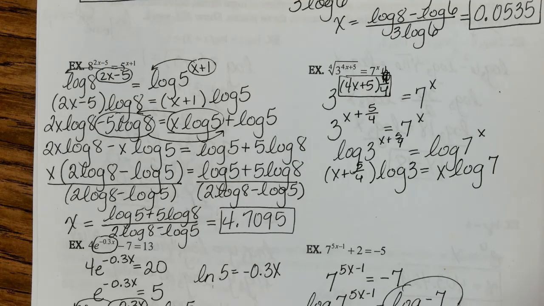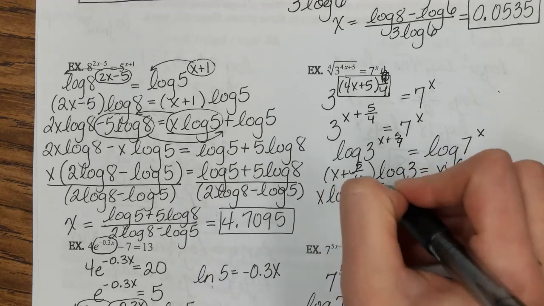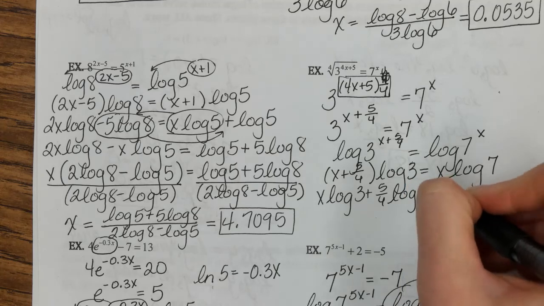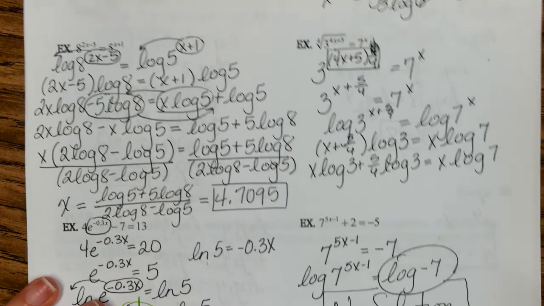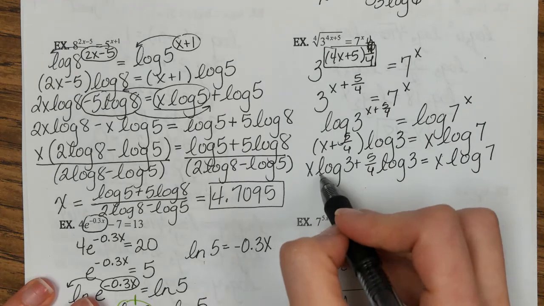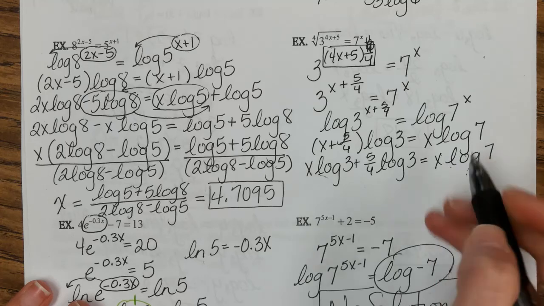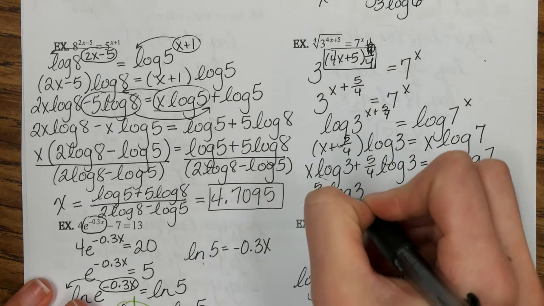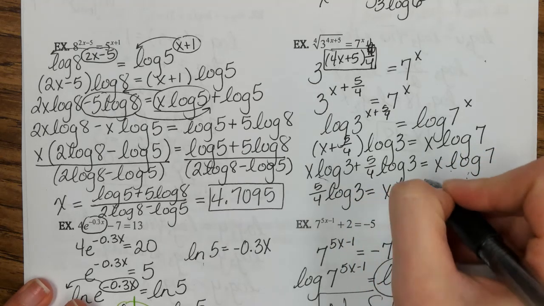So x log 3 plus 5/4 log 3 equals x log 7. I'm going to move this x over to the right so that's easier. So I'm going to have 5/4 log of 3 equals x log 7 minus x log 3.